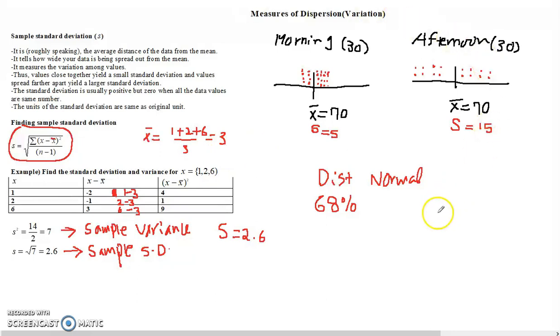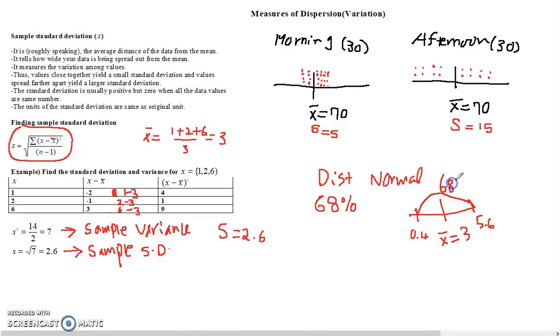If I draw the picture, let's say x bar equals 3. This was a simple example, so we have to be careful here. So 5.6 and about 0.4.